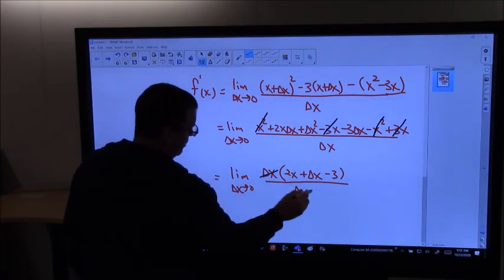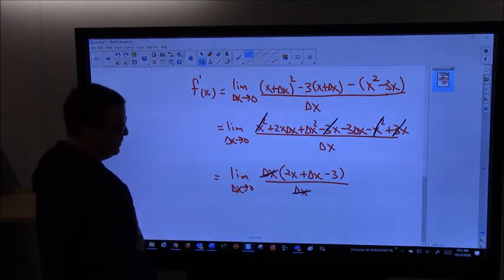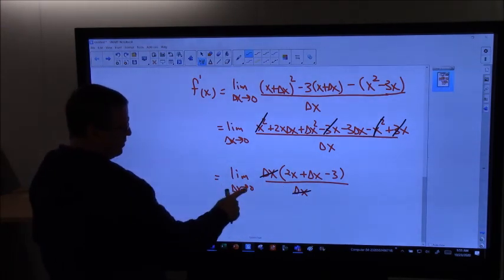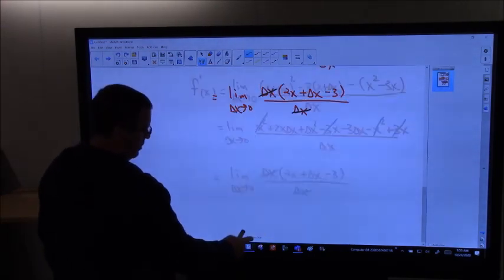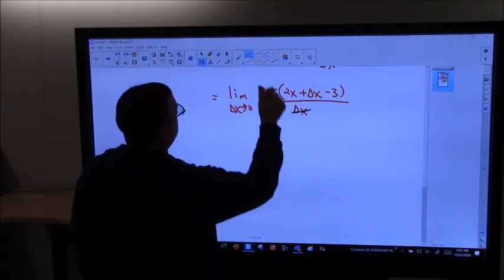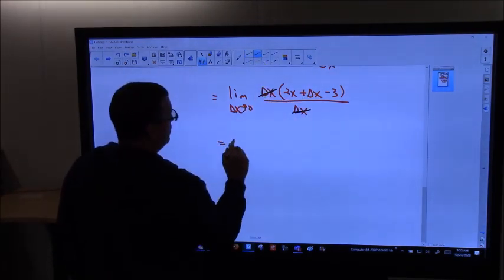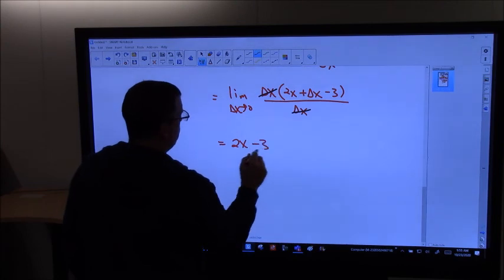And so that divided by that is 1. I no longer have 0 in the denominator, so I can go ahead and do direct substitution right here. And so if I plug a 0 in, I'm left with 2x minus 3.